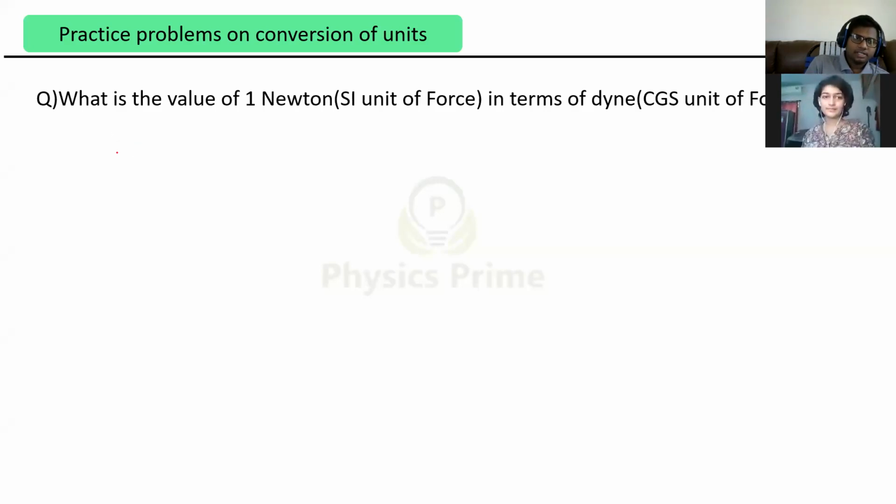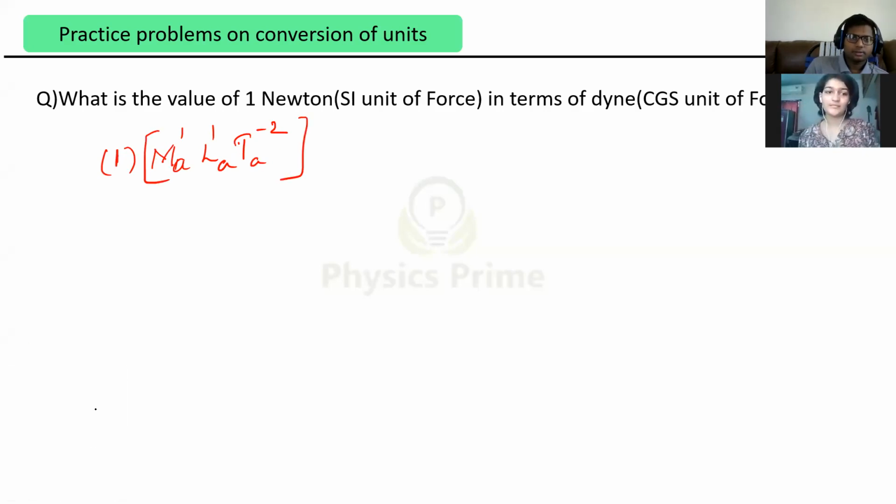1 Newton is 1 into... Newton is the SI unit. I am writing it as a force. Force means mass into acceleration: M to the power 1, L to the power 1, T to the power minus 2.